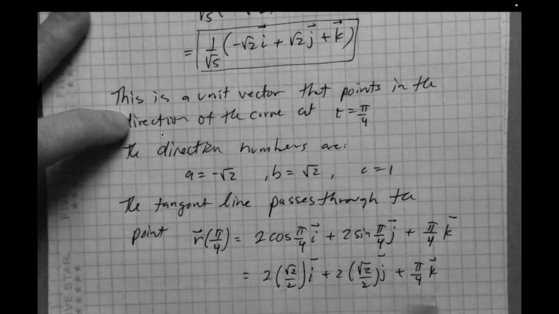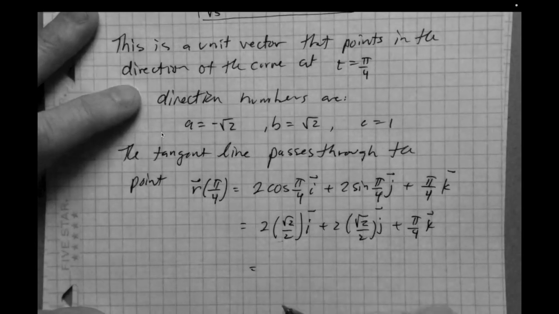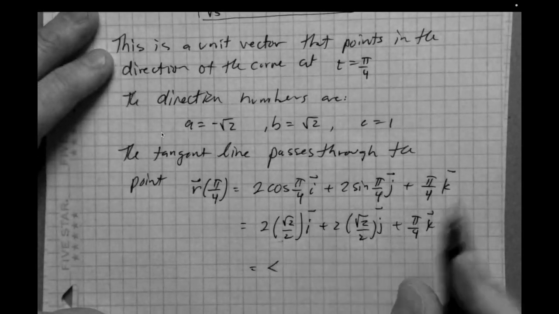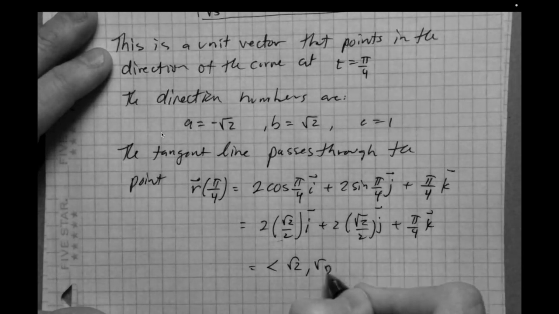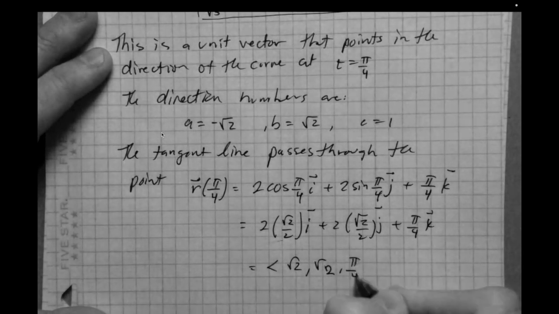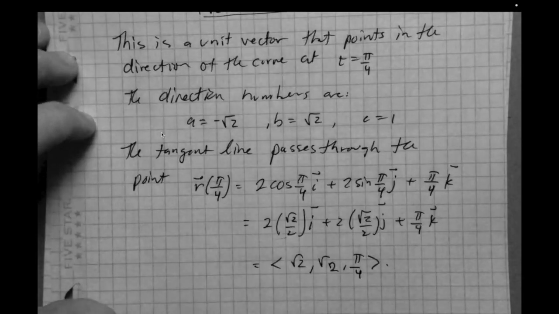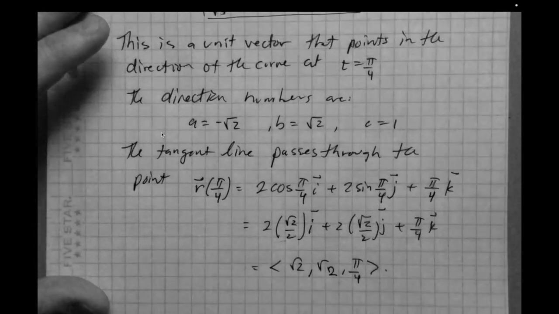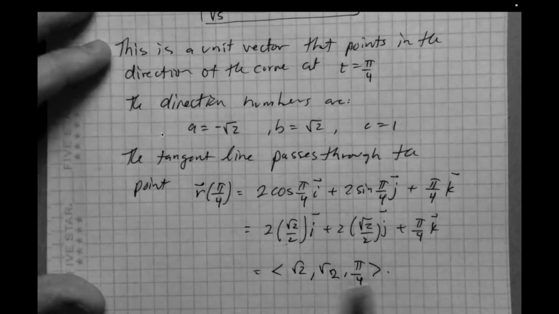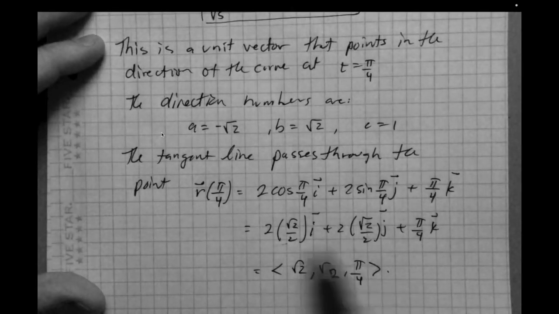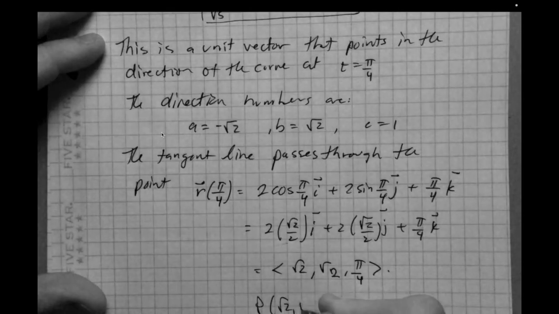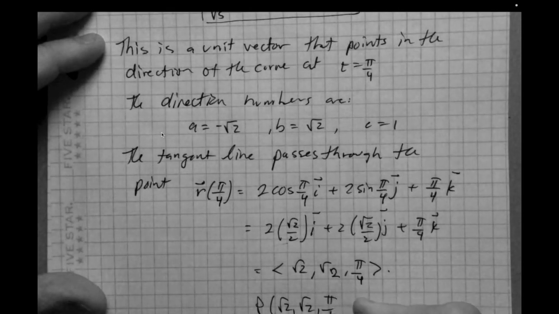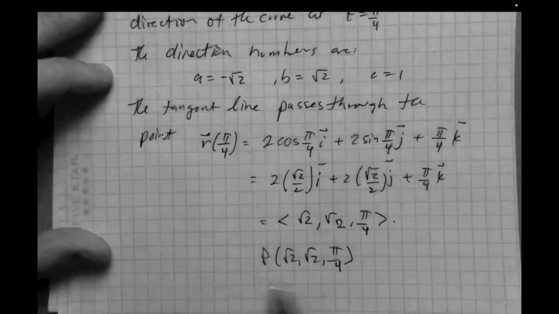Okay, and so thinking of this as a point in space, or as a vector, I guess, you could think of it as square root of 2, comma, square root of 2, comma, pi over 4, right? So whatever line, the tangent line here is going to have to go through the point square root of 2, better switch to the proper notation here. It's going to go through that point, isn't it?